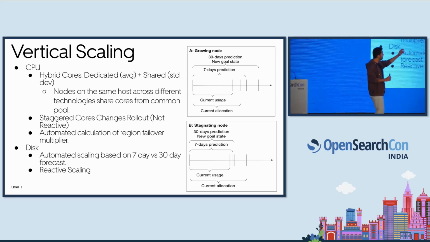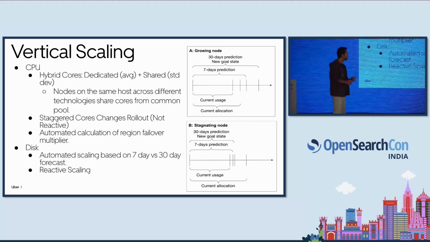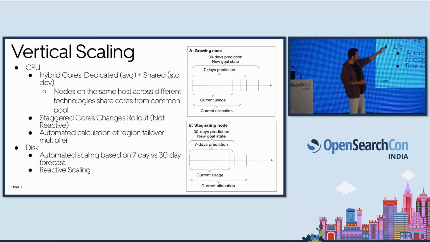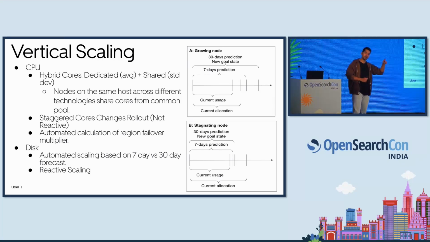If you look at the diagram to the right, that should give you an idea of how vertical scaling takes place. For every node, we are continuously monitoring the current usage of CPU cores, the current allocation of the CPU cores, and, based on the last 30-day window, how many extra CPU cores a particular node would need.